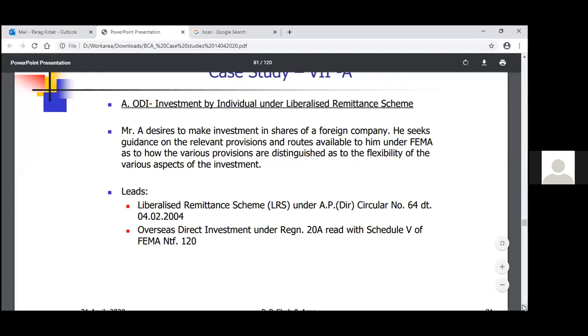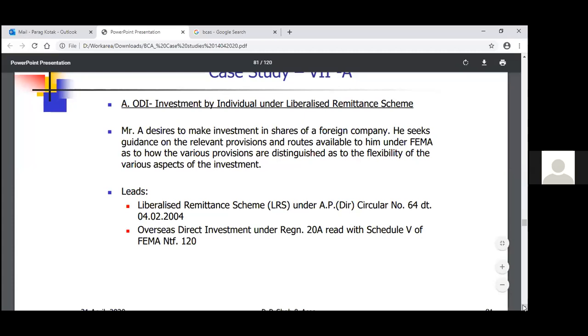In the previous case study, we have seen that ABC and XYZ both can constitute the Indian party. But under the liberalized remittance scheme, if an investment is to be combined by an individual with an Indian company, then the authorized dealer and the Reserve Bank are not comfortable with such a transaction.